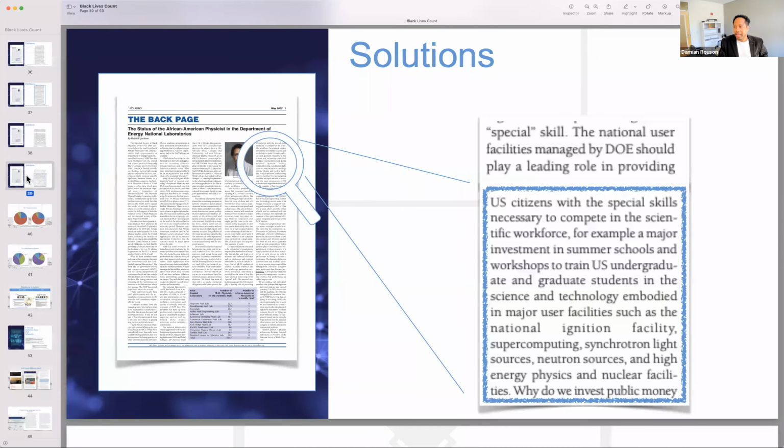I'm saying that's not a solution to the pipeline, at least not in the immediate term, because we have to at least be willing to hire the people that are in the pipeline before what we do in the K through 12 population will matter. And that's essentially what he was saying back then, is that this isn't a pipeline problem. It's a problem, as he put it, in the spigot, that we won't open up the spigot to hire people.